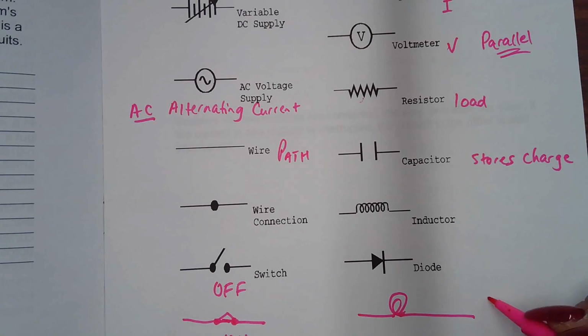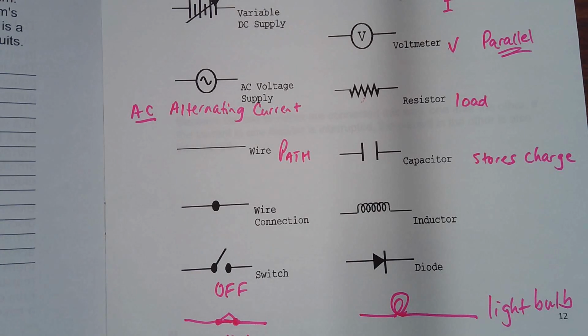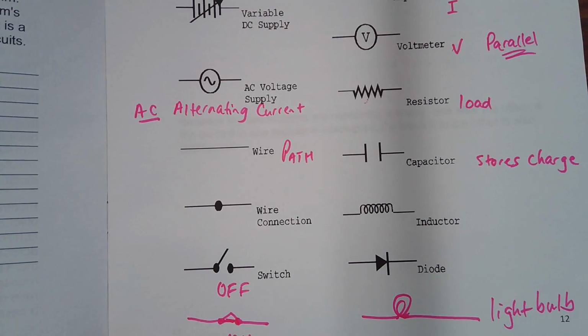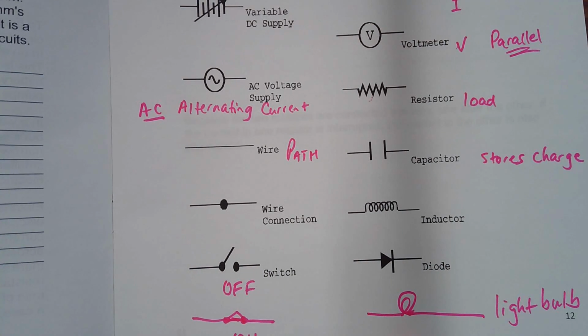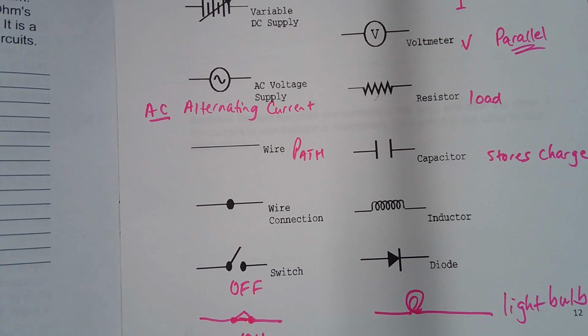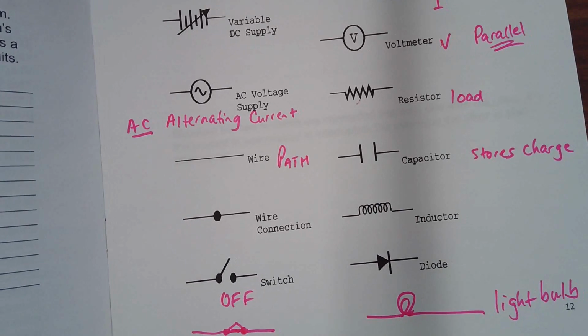This would be a light bulb. So if you're gonna be more specific, you can use that to differentiate between a light bulb and just an ordinary resistor. Okay, so like a different symbol for the light bulb. There is, but I can't draw it. So it's basically like that. So those are the circuit schematics.